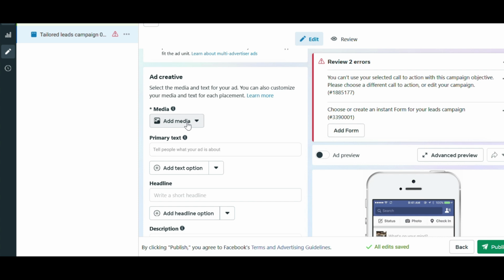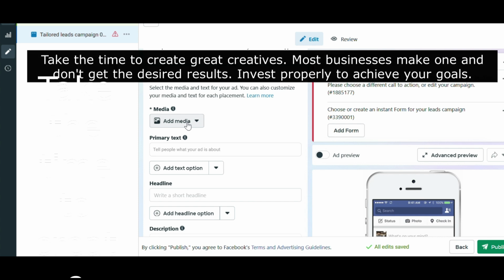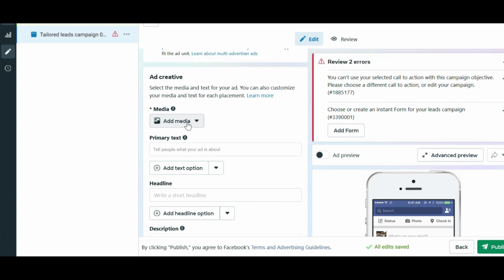I know people may want me to, but I'm not. If anything, just for the purpose of this training, I would use a stock image. I'm not putting in any creative, because that is honestly where the true magic comes in. The way Facebook is, Facebook is heavy on creative, and it's also heavy on ad copy.